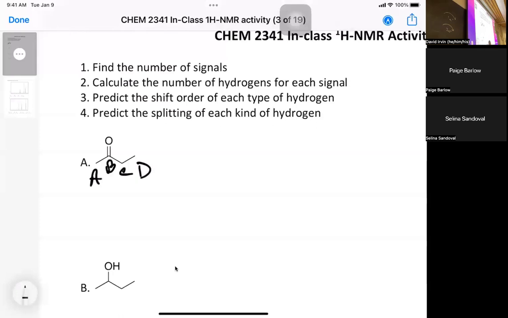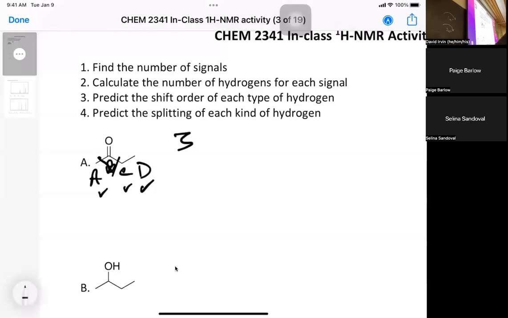So on carbon A, are we going to have a signal? Yes. Are we going to have a signal on carbon B? No, because there's no hydrogen here. But we labeled it because we're going to need to label it for carbon NMR. So we're going to have one for C and one for D. So we have 3 signals.